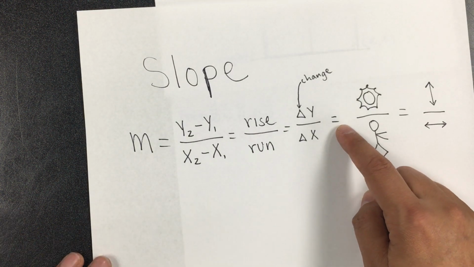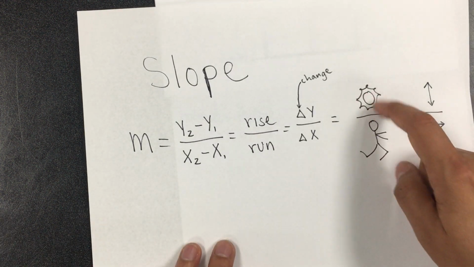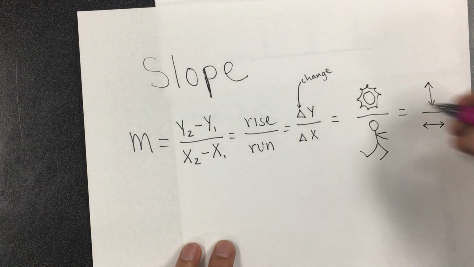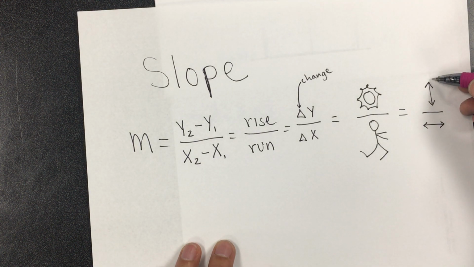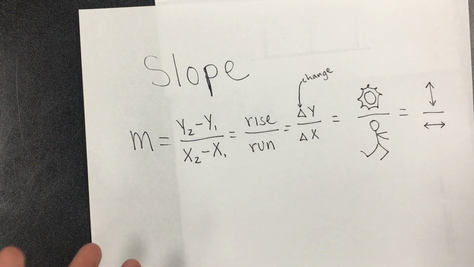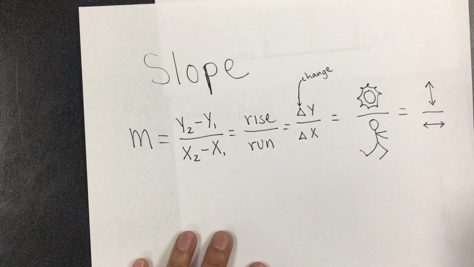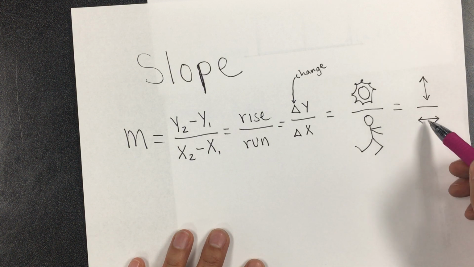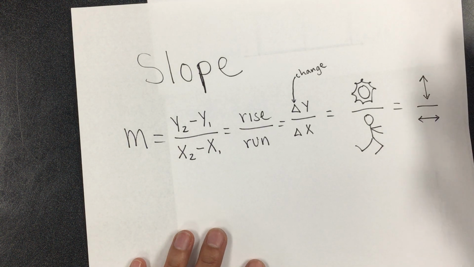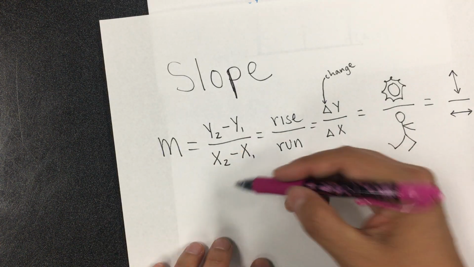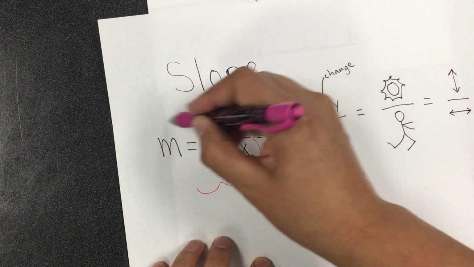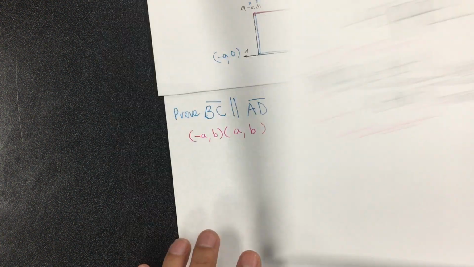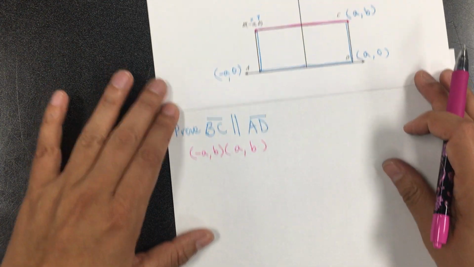Or if you recall from previous lessons, I represented the y as a sun because the sun goes up in the morning and it goes down at night. Not literally, scientifically, not true, but and then you run to the left if it's negative, to the right if it's positive. Okay, so this is the part that we're going to be using right now to find those slopes and prove that these two lines are parallel.